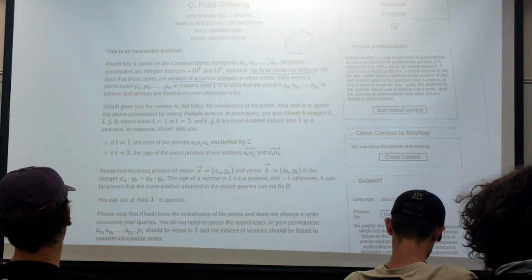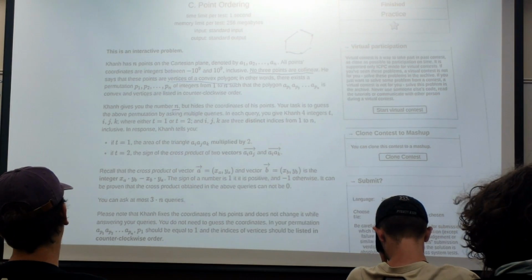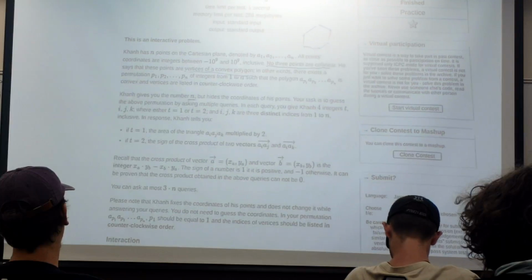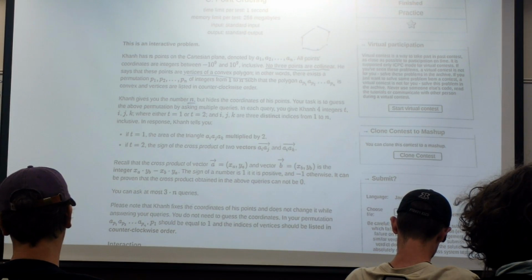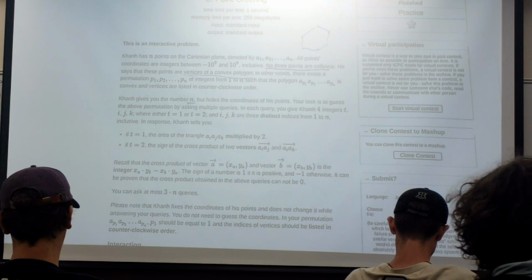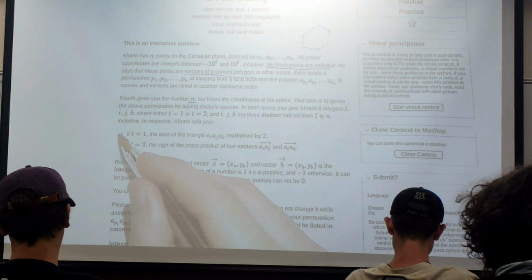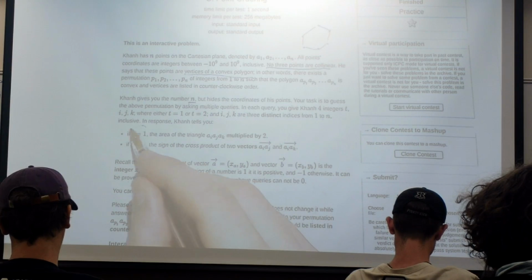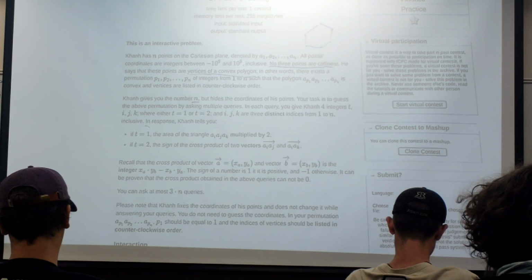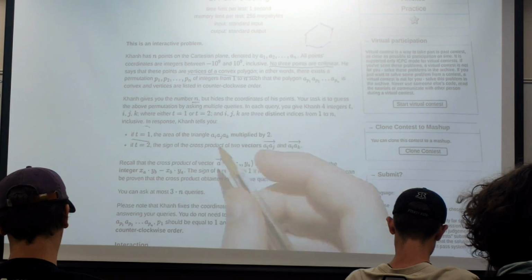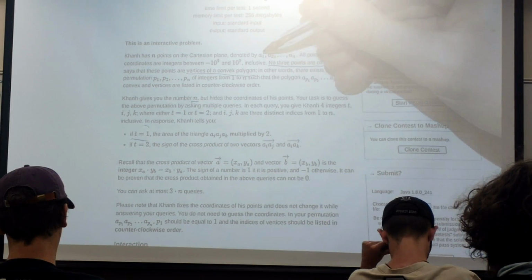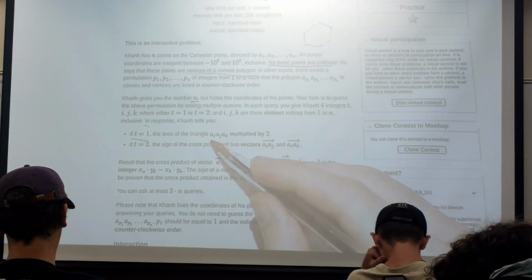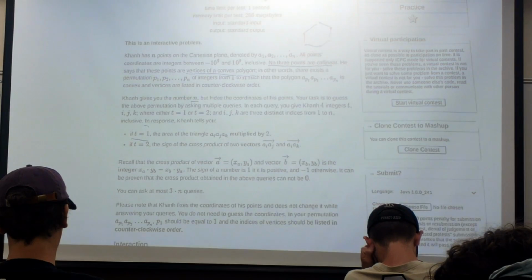We're given the number of points, n, but we don't know the coordinates, and we need to guess the permutation by asking some queries. In each query, we give these 4 integers, and there are 2 types. For a type 1 query, we're given the area of the triangle formed by the 3 points that we pass in.